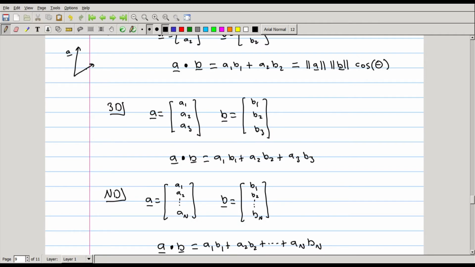If you have a vector A and a vector B, you can define the angle between them. We know that this length is going to be the length of B. This length is going to be the length of A.